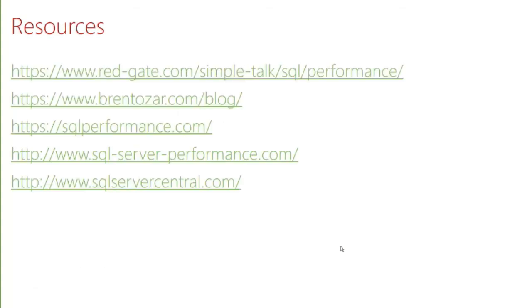Okay, so these are some great resources. Google is obviously your friend for specific topics, but Redgate has some great SQL performance blog posts, and I think they have a newsletter where you can get email notifications. Brent Ozar, his firm and his team, they do SQL training, really crazy SQL optimization and troubleshooting that they blog about with their customers. So I'd sign up for their blog and their newsletters.